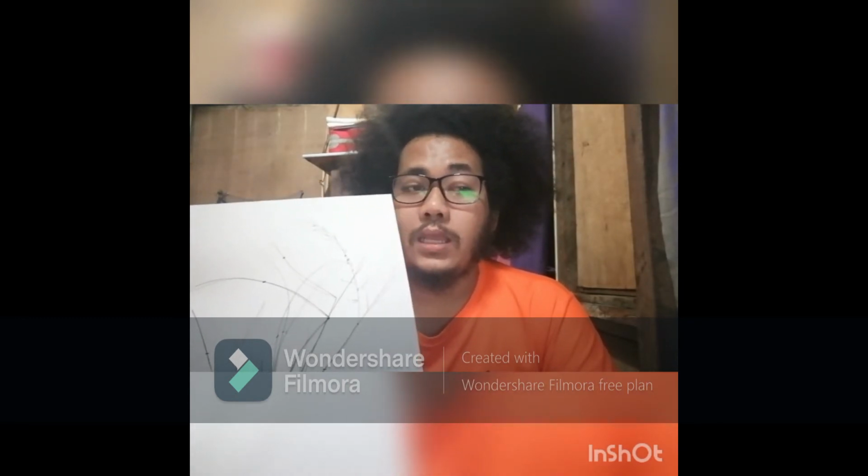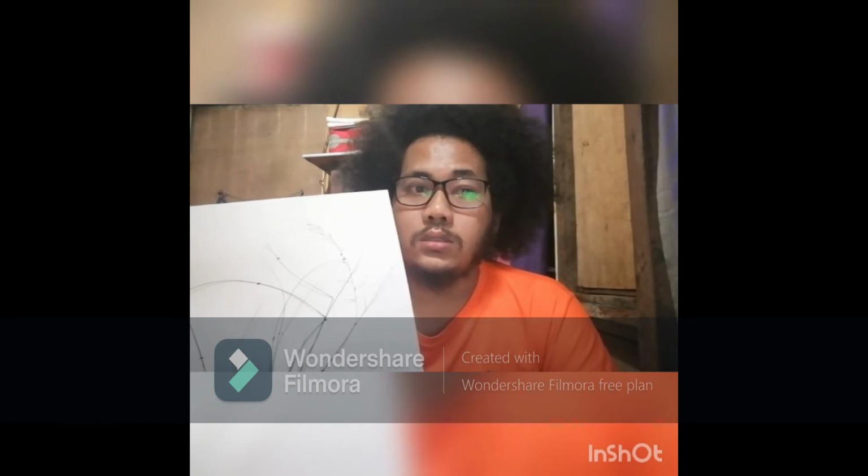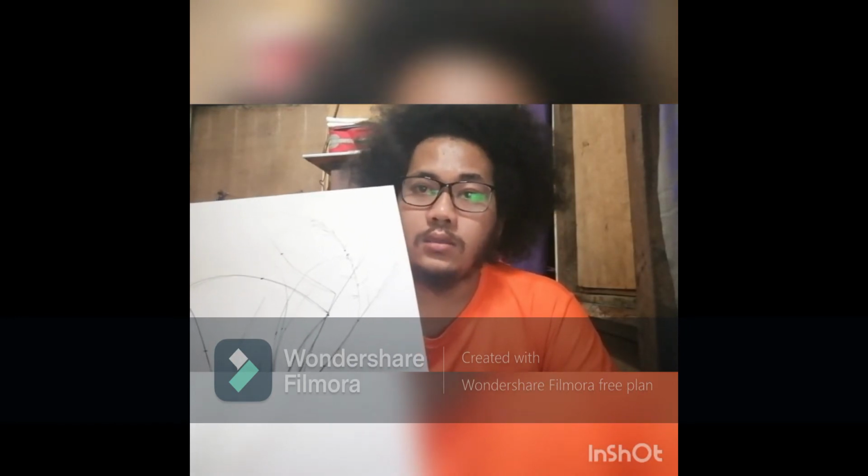Then the palea is shorter than the lemma. The palea is also scabrous on the nerve with appressed hair.